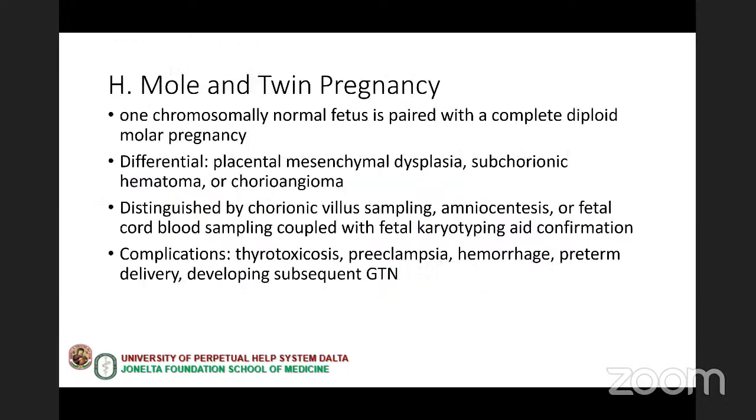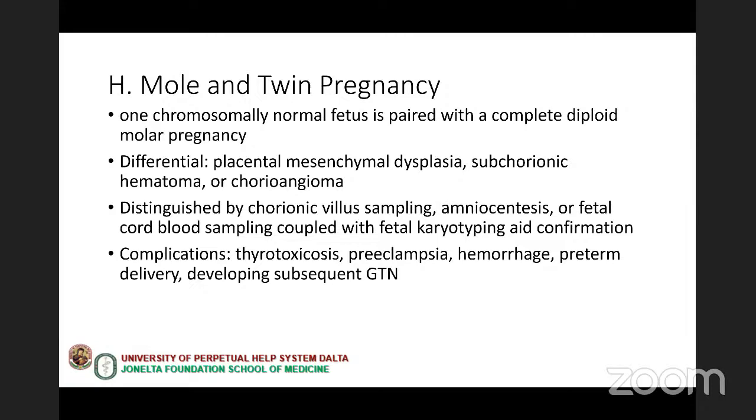Okay. So why is it important? Especially in twin pregnancy, one would have a normal fetus paired with a diploid molar pregnancy. And your differentials could be the following: a placental mesenchymal dysplasia, a subchorionic hematoma, or a chorioangioma.